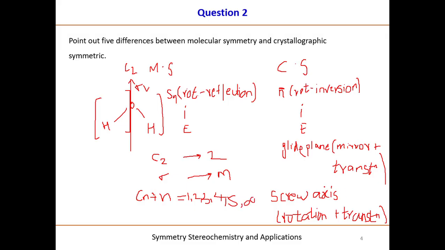But in crystallographic symmetry, the rotation axis is denoted by n. Sorry, not n bar, n bar is for the rotation inversion axis.